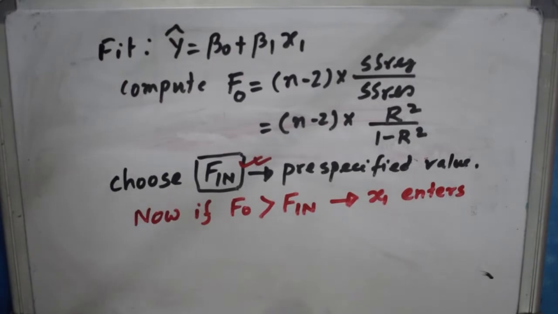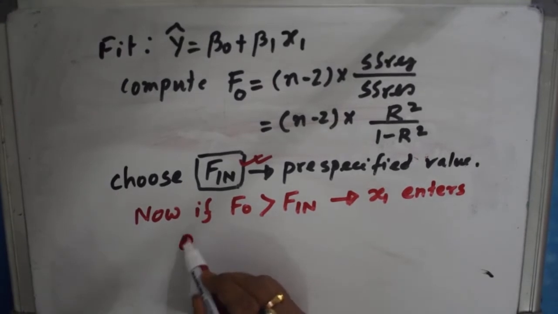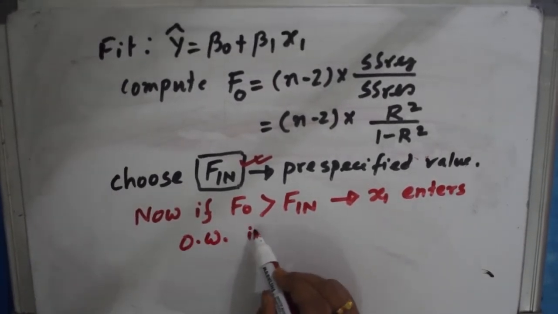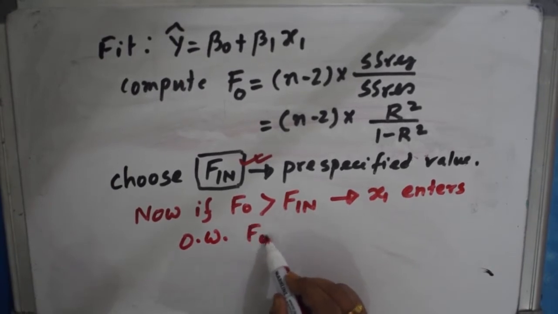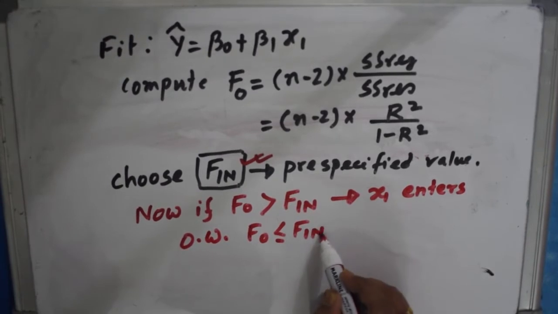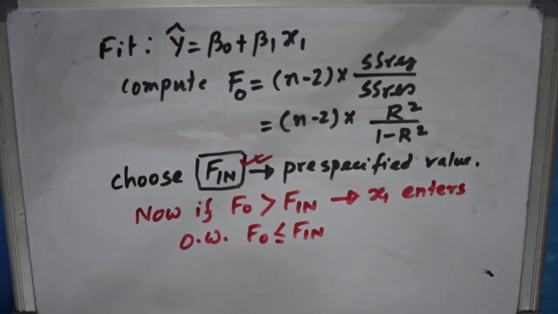So if F naught is greater than Fin, then x1 enters the model. Otherwise, if F naught is less than or equal to Fin, then x1 does not enter.